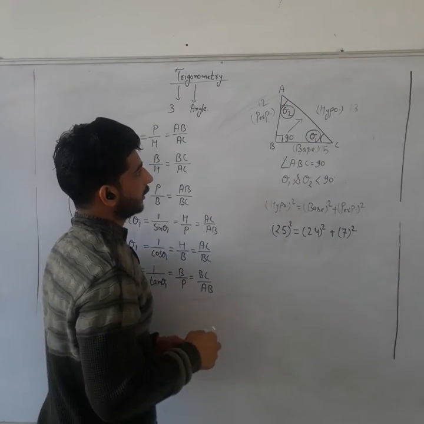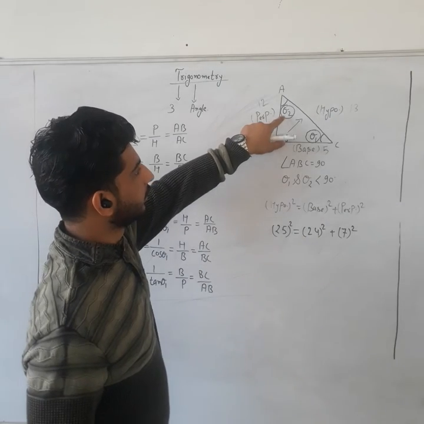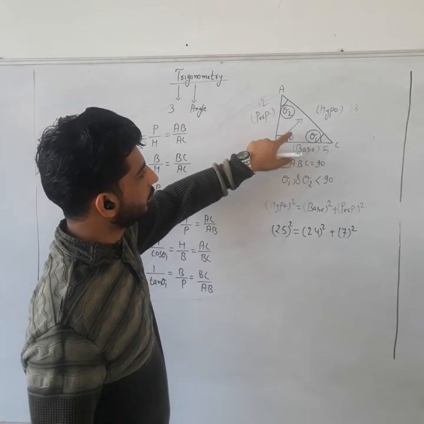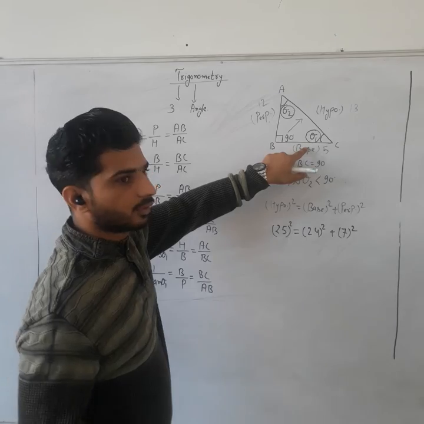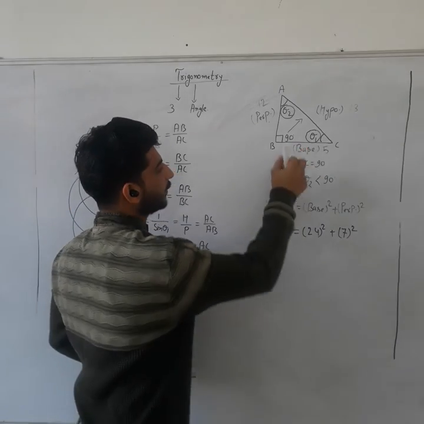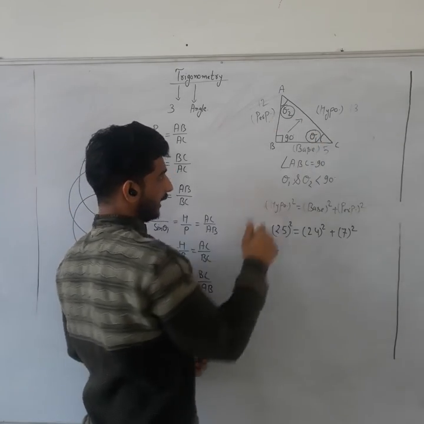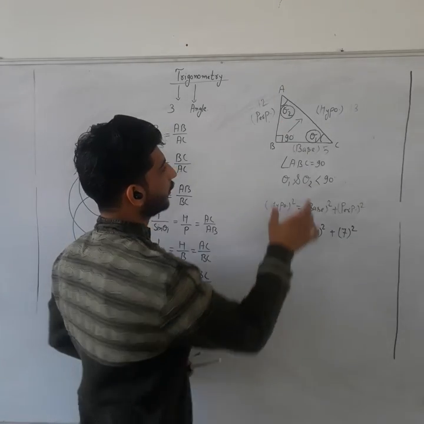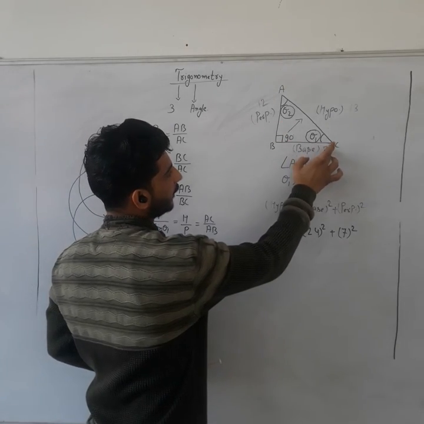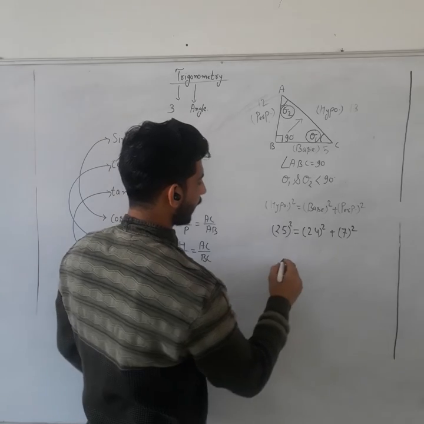In the same way, if we are taking theta 2, the side in front of theta 2, an acute angle, becomes the perpendicular. So if we take theta 2, BC will become the perpendicular and AB will become the base.